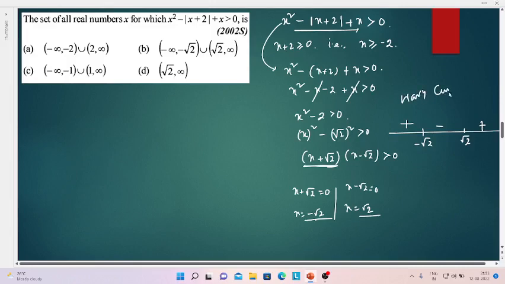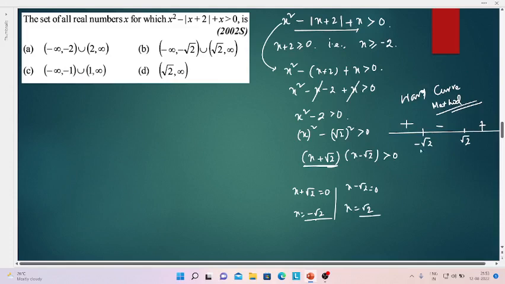Wavy curve method. You can check on the internet, and I will also give you more clarity about the wavy curve when we discuss the inequality part.